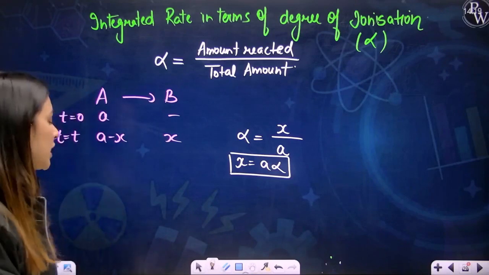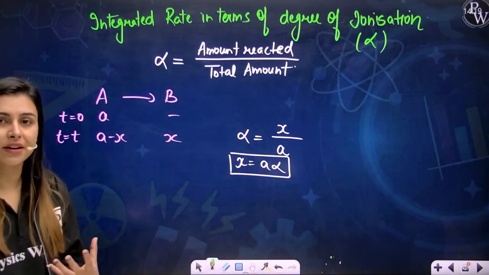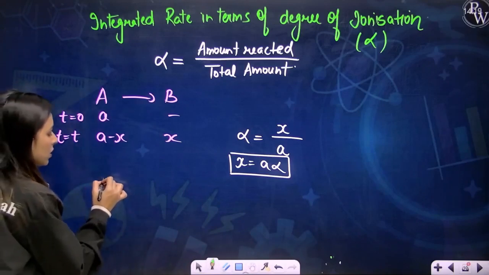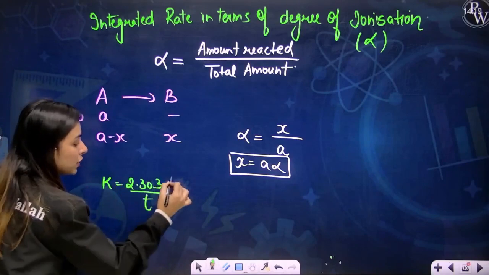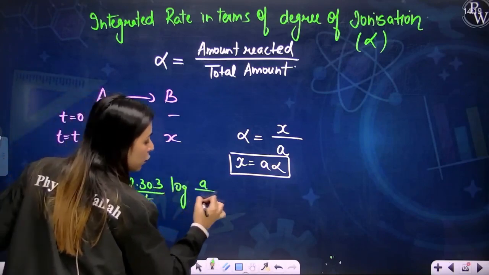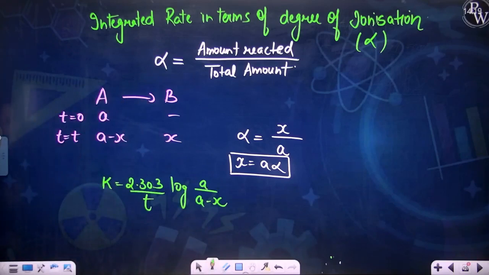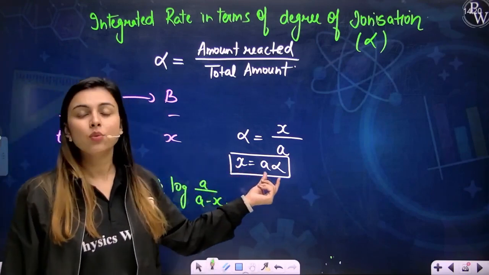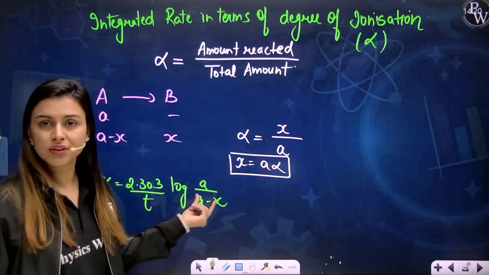Perfect. So now, my dear students, the expression we just derived: K was equal to 2.303 upon T log A upon A minus X. I hope all of you remember this expression. Now we incorporate the value of X, which is A alpha, into this expression.